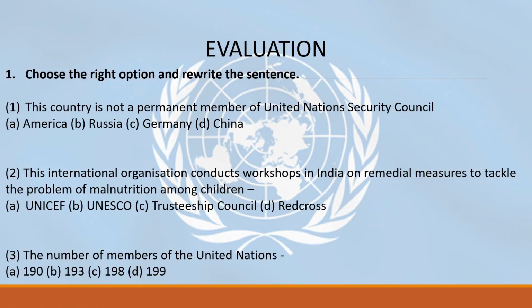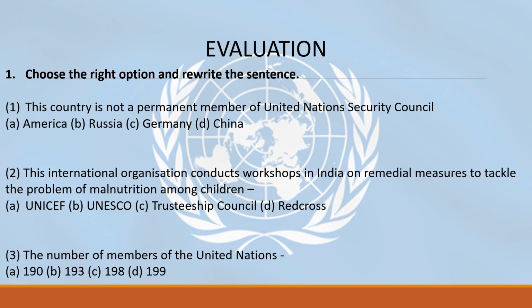Children, let's discuss the evaluation of Module 1 of the lesson, the United Nations. Question number 1, choose the right option and rewrite the sentence. The first one: this country is not a permanent member of the United Nations Security Council. The answer is Germany.